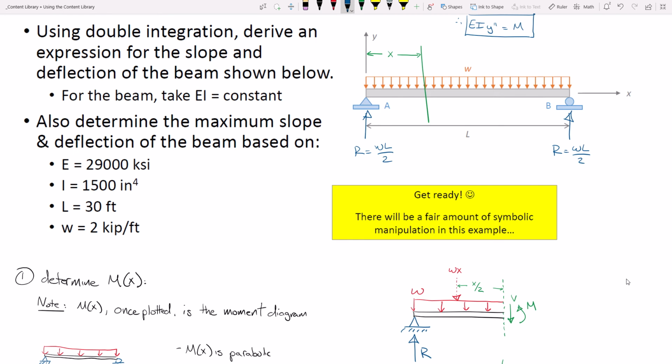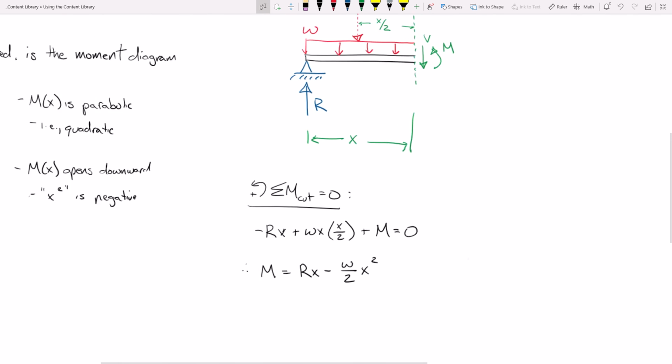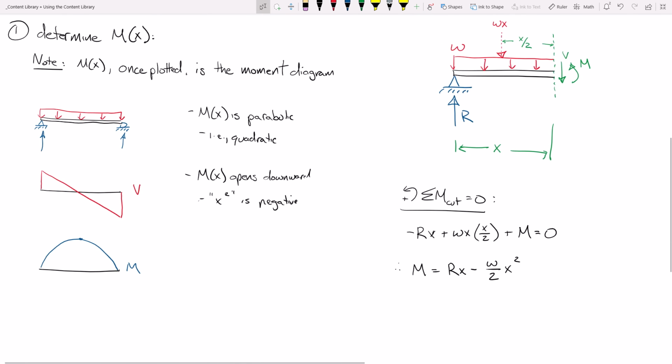Pretty simple. Therefore, M of X is WL over 2 times X minus W over 2 X squared.